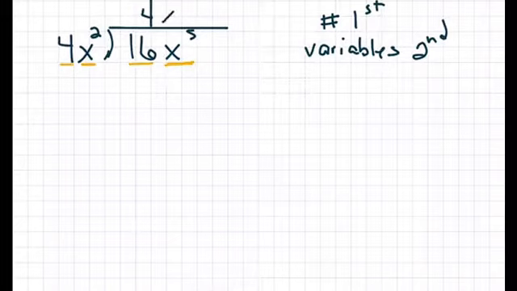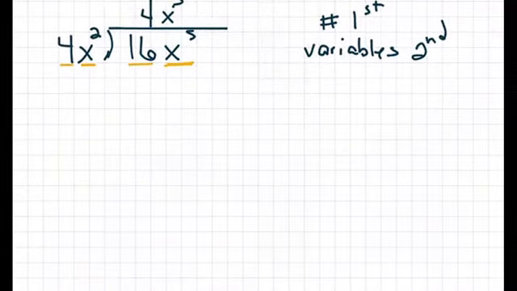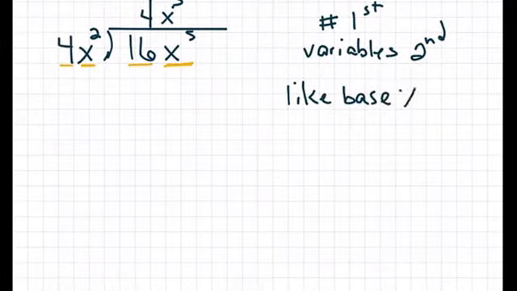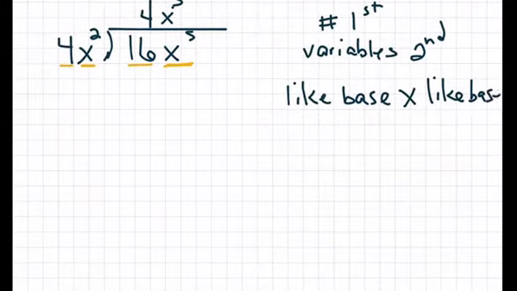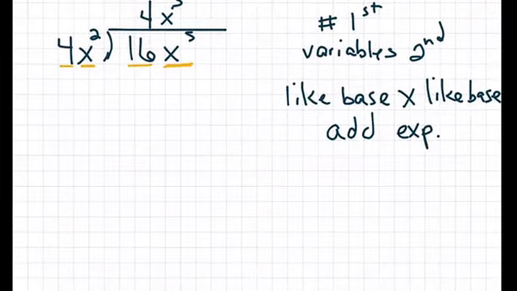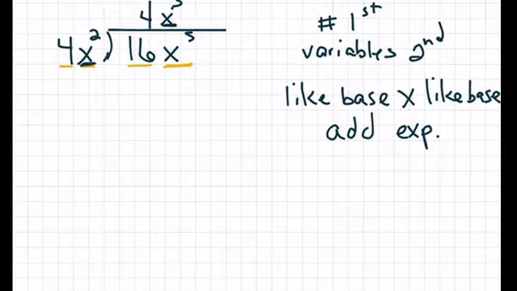Now let's make sure that we remember our exponent rules. When we multiply like bases, what do we do with the exponents? We add them. Okay, so x squared times x cubed, the bases are the same, both of them are x's.